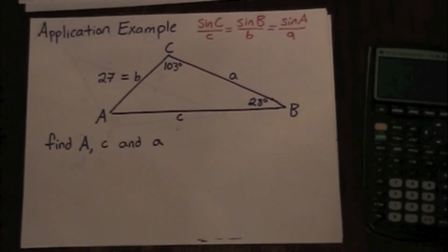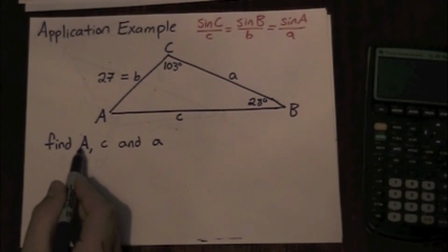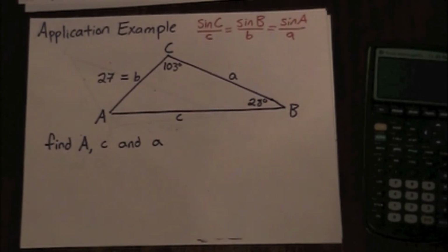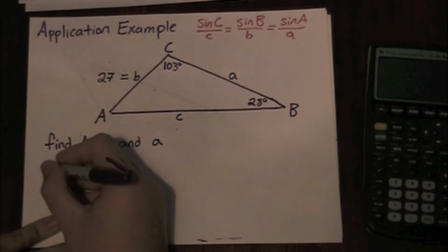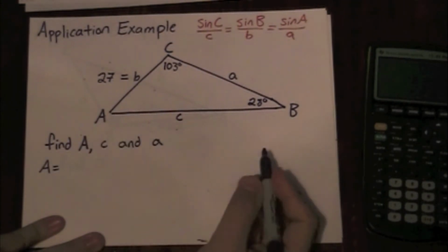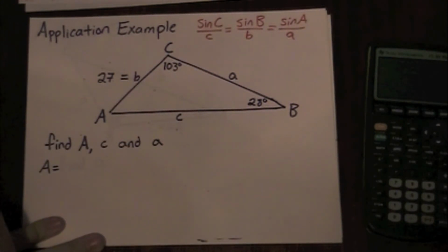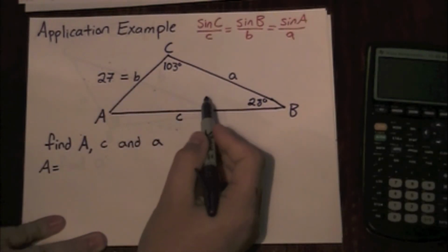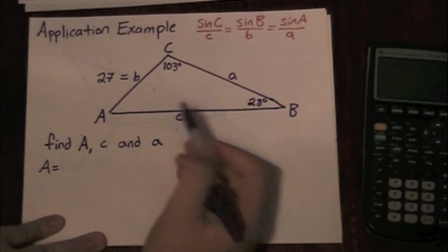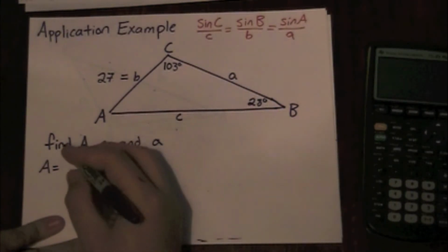This problem goes on a little bit further to ask us to find angle A and side lengths c and a. Let's start with angle A, because we know a trick to do that from geometry. We remember, hopefully, that the sum of the angles of a triangle will always equal 180 degrees.